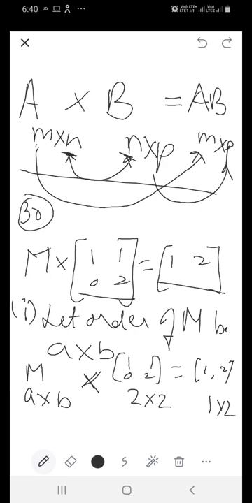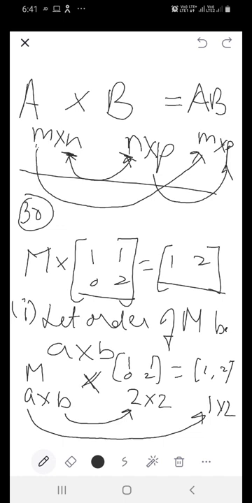Now use the concept which I have explained above. Columns of the first matrix are equal to the rows of the second. It means the value of B is 2. And the rows of the first matrix are equal to the rows of the product. It means the value of A is 1.